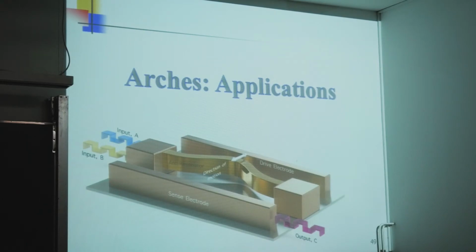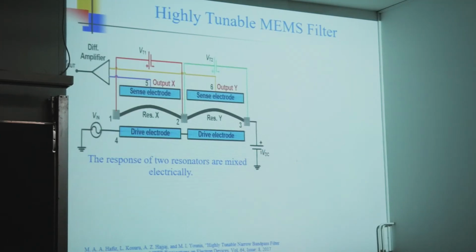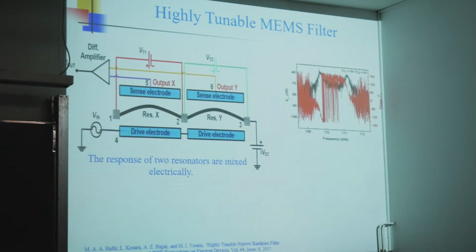All right, I guess I have like 10 minutes for applications, so I'm going to speak fast. So first, if you have a tunable resonator, this means you can build a bandpass filter, and that bandpass filter you can tune actively. The idea: higher voltage, higher frequency. So I can really realize two identical resonators, with one resonance frequency and the other.